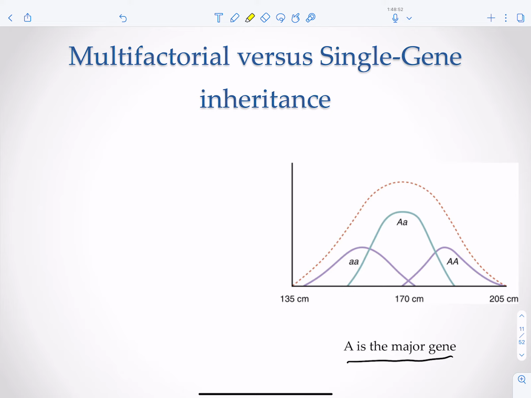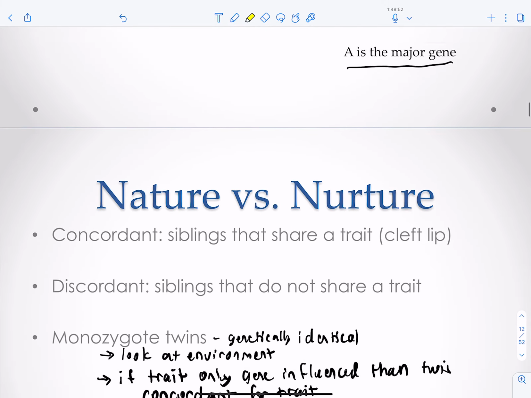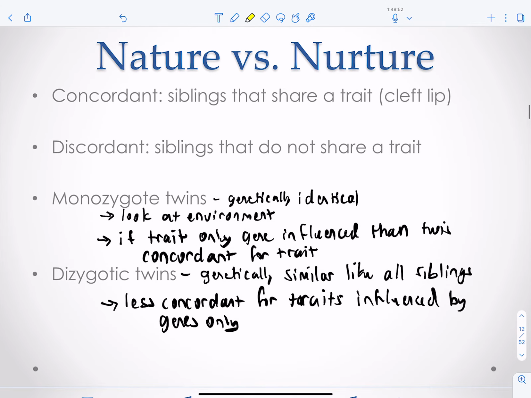You have recurrence risks. Often there's a threshold that you have to reach in order to present with the disease. And depending on the proband, depending on the severity of the multifactorial disease, will have influences on whether or not first-degree relatives are going to have the same disease.